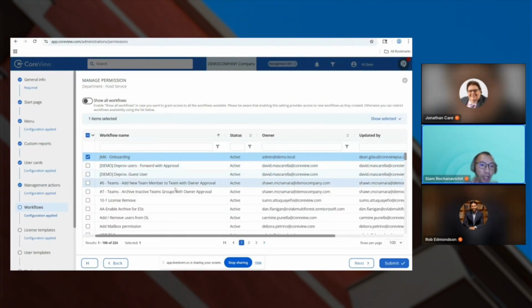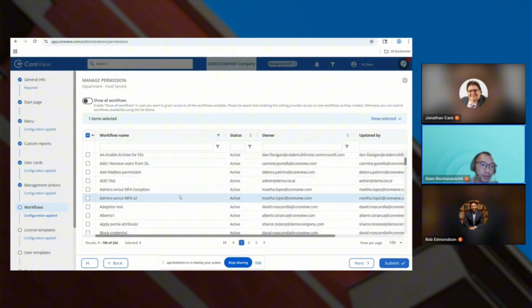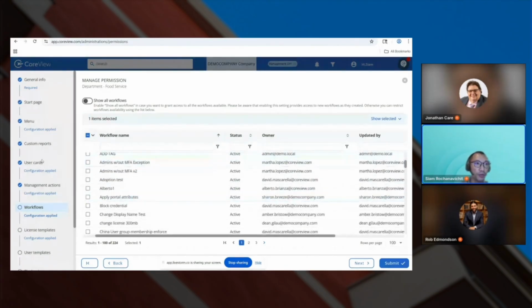So maybe it's onboarding, maybe it's creating SharePoint sites or Teams. We can containerize those unique operations and combine them all into a workflow process. So instead of performing a user creation process, a license management process, put it all into a workflow and we'll execute everything seamlessly.